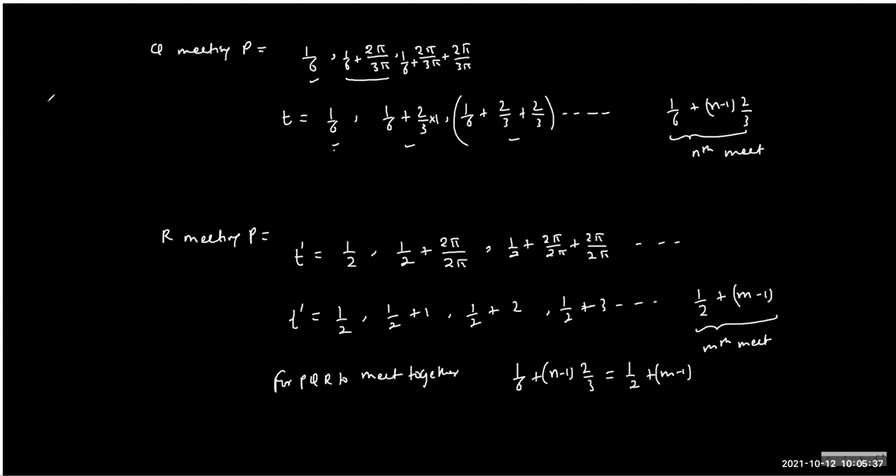So the time period for a complete circle is 2 pi by omega relative. This is what we use to get the next answer, and then you can keep on adding.